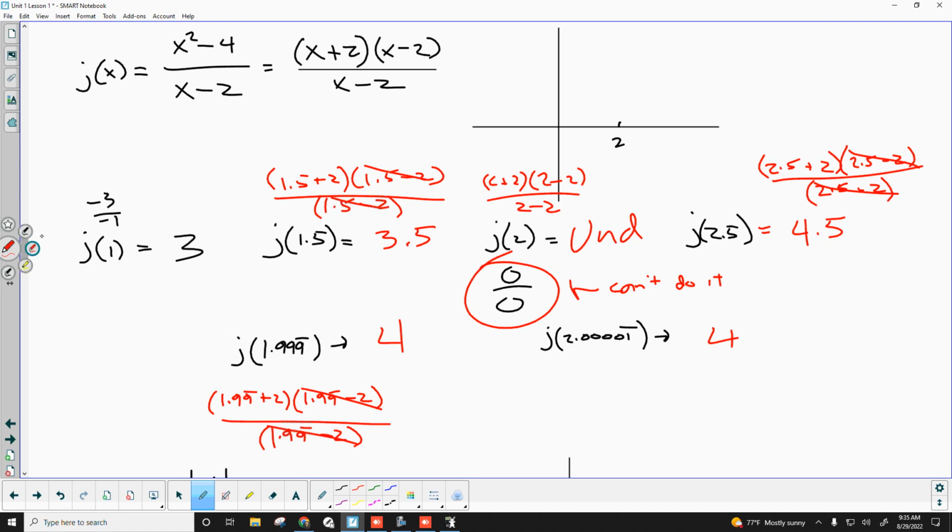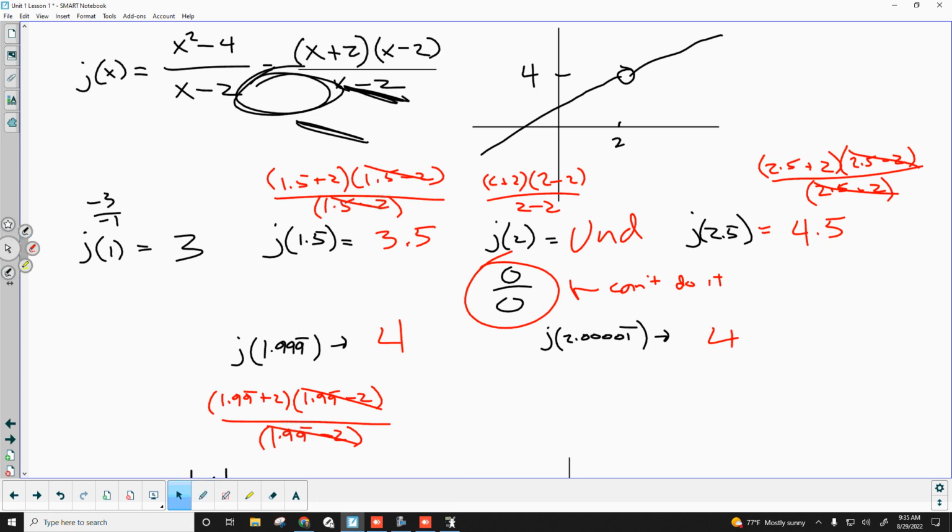What we've just created was this graph. A graph of essentially x plus 2, right? You want to cancel this and say, oh, j of x is just x plus 2. Well, you're right. J of x is just x plus 2 with one exception. There is an open circle at 2, 4 because you are not allowed to plug in 2 into the original equation.